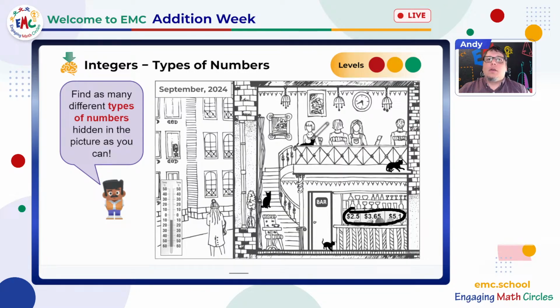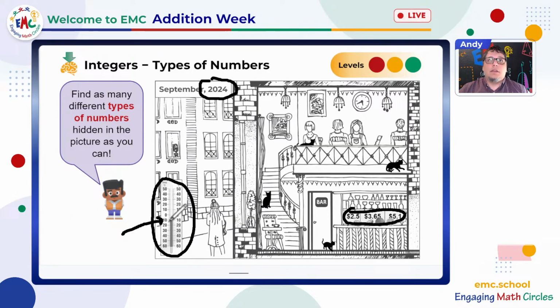Okay. What about the date up here? What type of number is that? If you said whole number, you're correct. And I see another number down here, the temperature. What is the temperature today? It's not above 0.